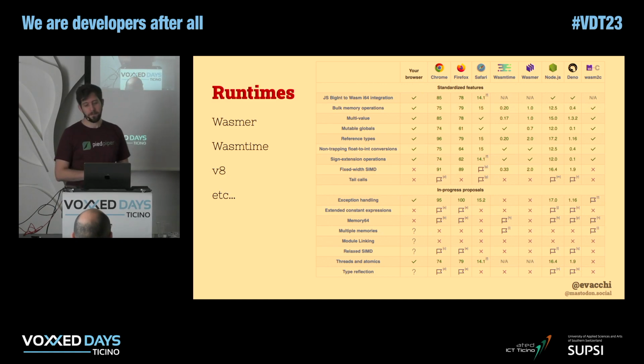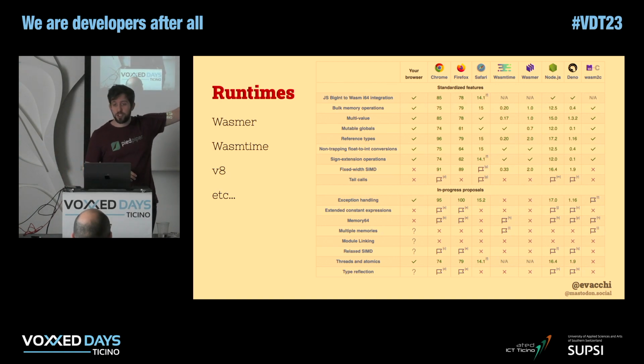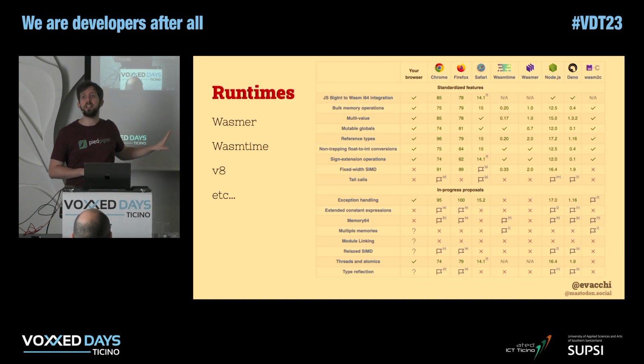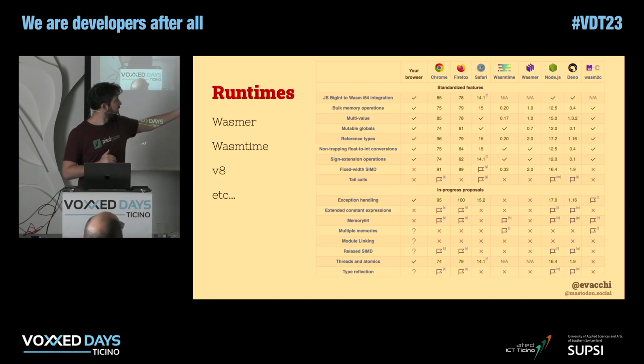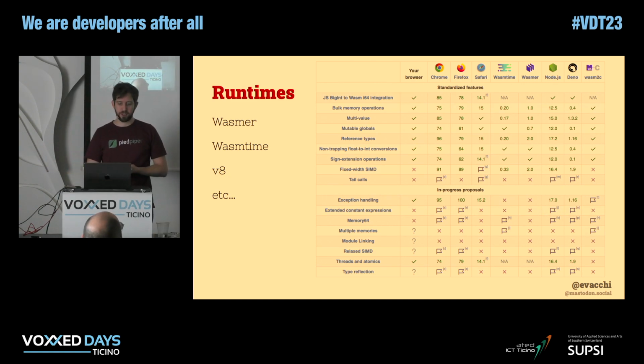It's not just a pun. There's a runtime called Wasmer. And this compatibility matrix shows you what features are implemented in each of those. And as you can see, there are a lot of features that are not available, especially at the bottom, because those are in-progress proposals. They are not finalized. So, yeah, the support is sporadic.